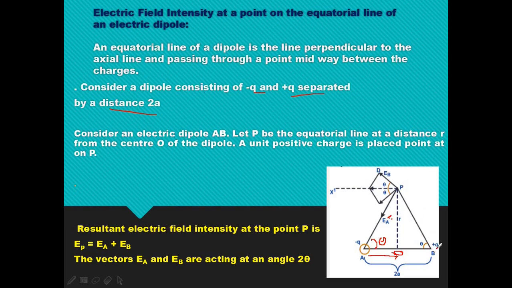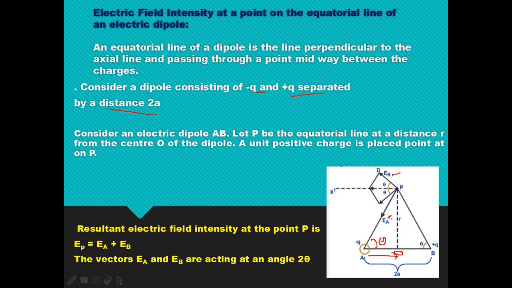Now the electric field at point B, the charge is plus q. We know that the electric field direction for a positive charge is always outward. The electric field at point B is EB. Clear? The direction is outward because this is a positive charge.